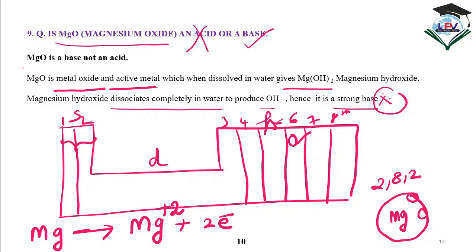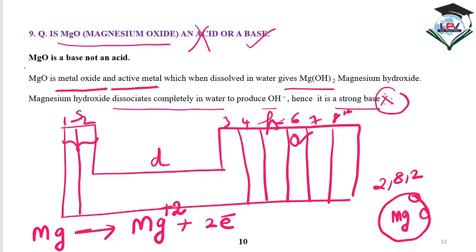Now you all know that oxygen has 2, 6, total 8 electrons, which is its atomic number, and it has 6 electrons in the outermost shell. Now in order to become the stable electronic configuration 2, 8, magnesium easily loses electrons and oxygen accepts them.